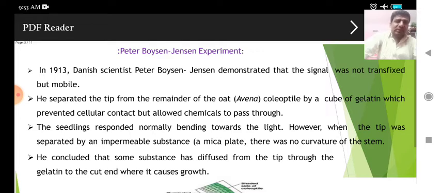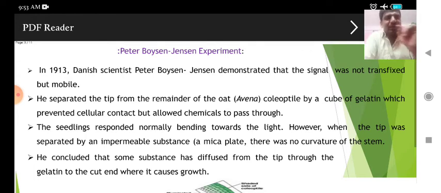The signal from the apex cells to the cells below is due to molecules, and that component is not present in one cell or at a fixed position. It is mobile, means some components are moving from the apex region to the lower region.